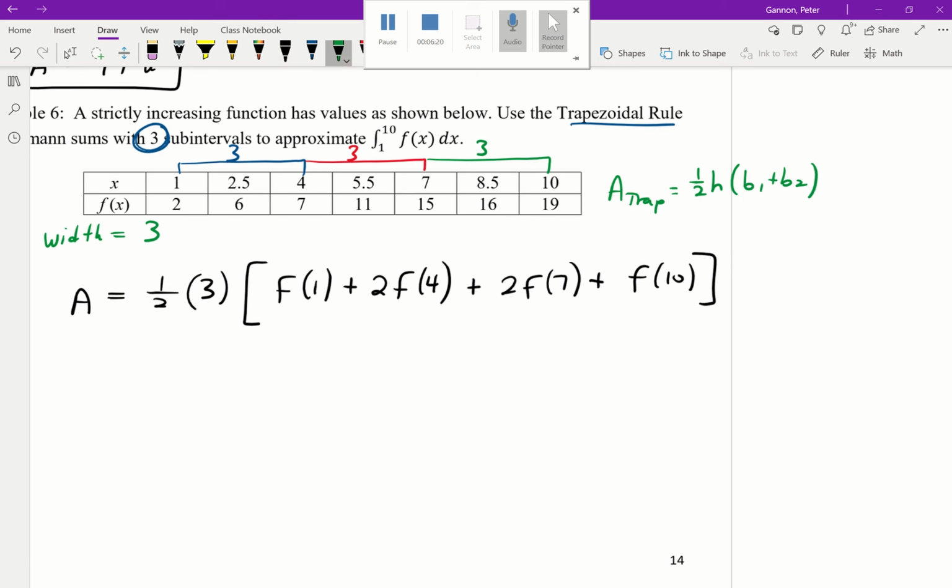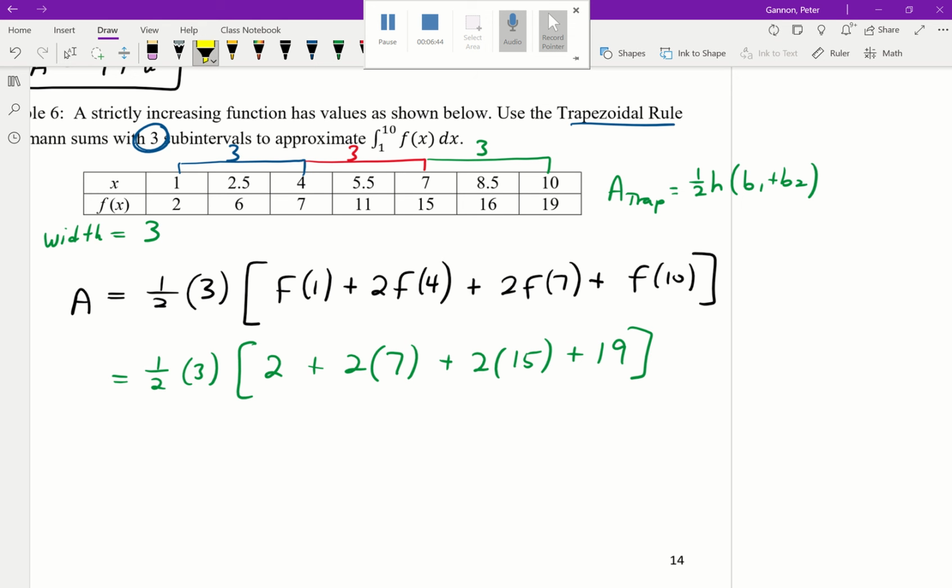So as we go ahead and plug in the values for those heights, we are going to get, let me just use a bracket, f of 1 is 2 plus 2 times f of 4 is 7 plus 2 times f of 7 is 15 and f of 10 is 19.